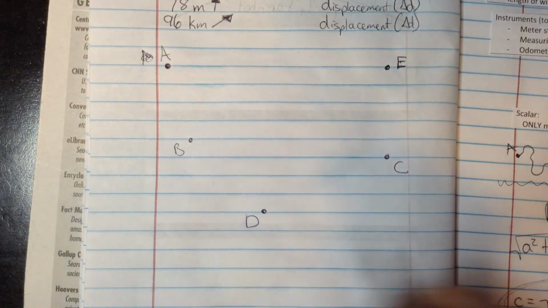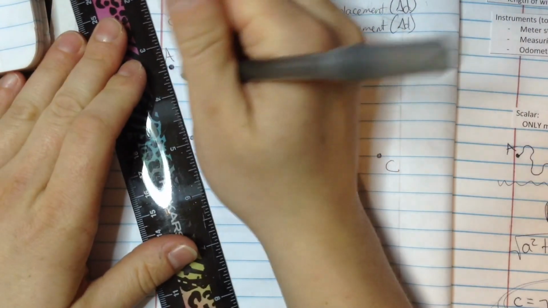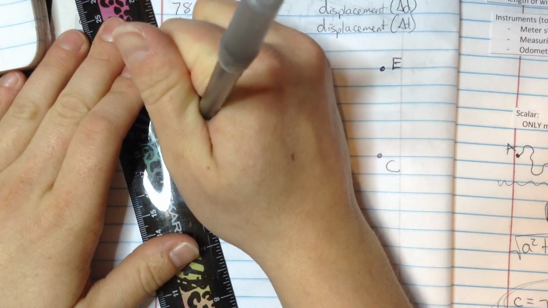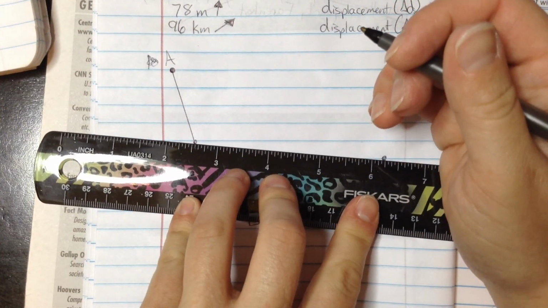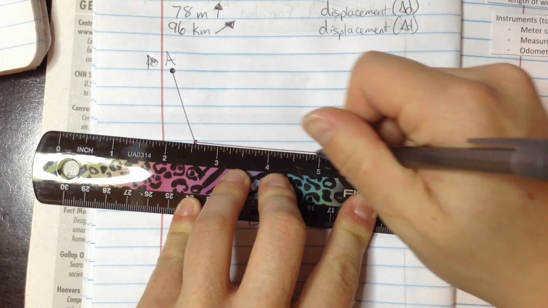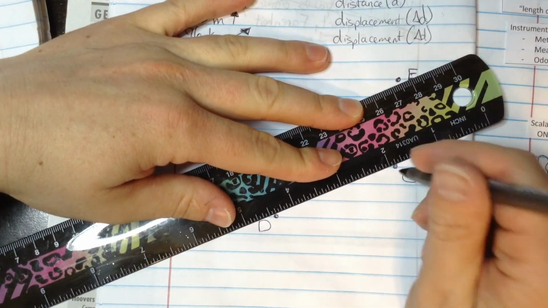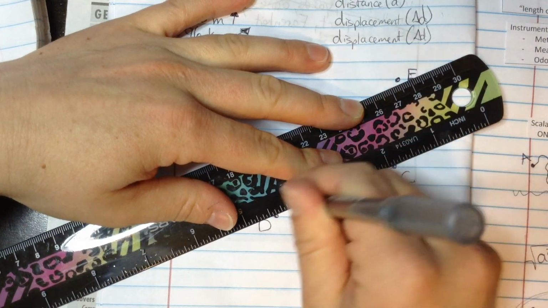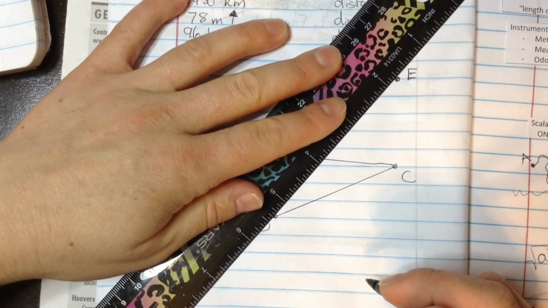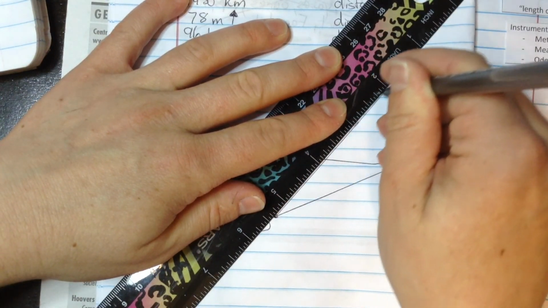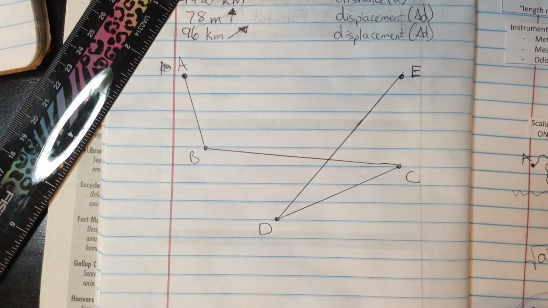Now take your ruler and connect the dots in order. So, A to B, B to C, C to D, and D to E. All right.